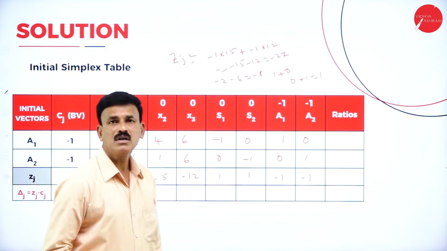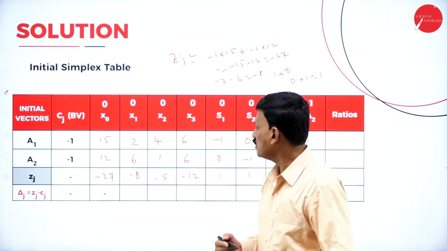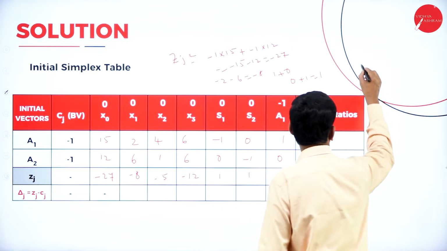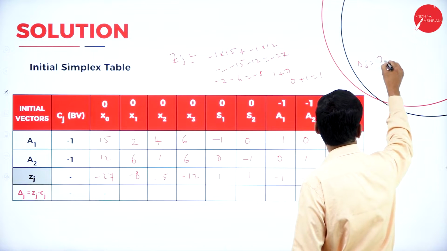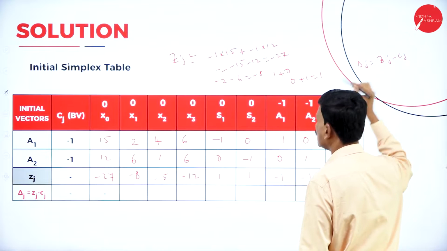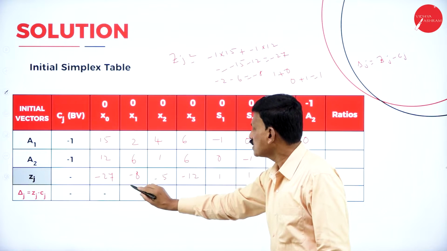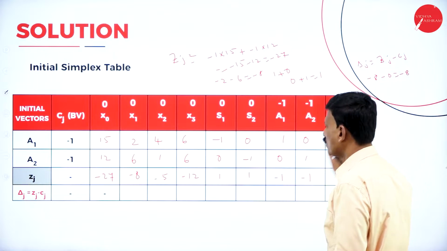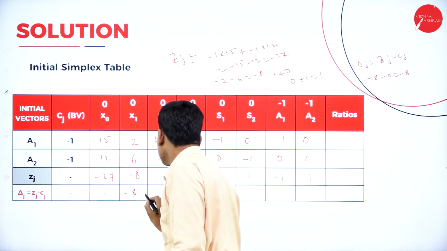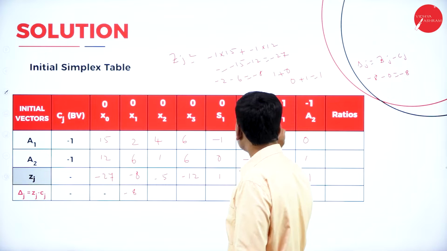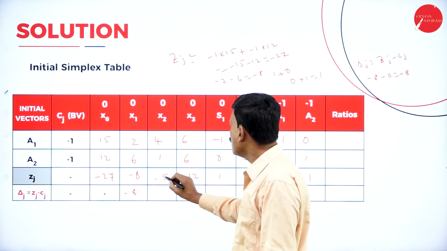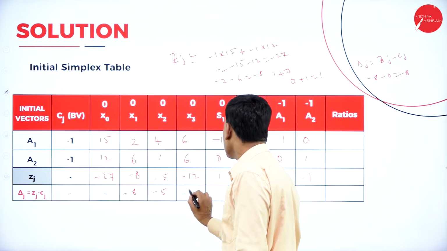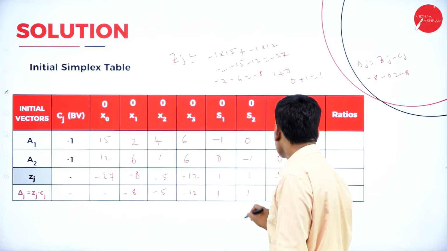After finding the values of zj, find the value of delta j. As you know, delta j is equal to zj minus cj. Now -8 minus 0 is equal to -8. Again, all are zeros, so you will get the same values. -5 minus 0 is again -5. -12 minus 0 is -12. 1 minus 0 is 1.